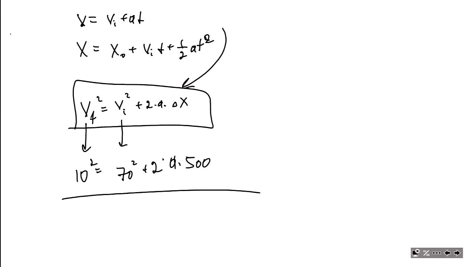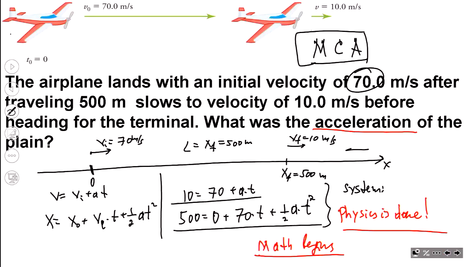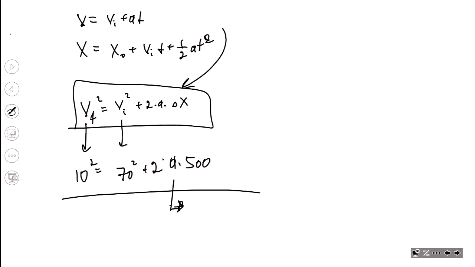And you, of course, will get a negative number because it was slowing down from 70 to 10. So negative means acceleration should have been directed away from the positive. That's acceleration. So it should have been negative, and it will be negative.